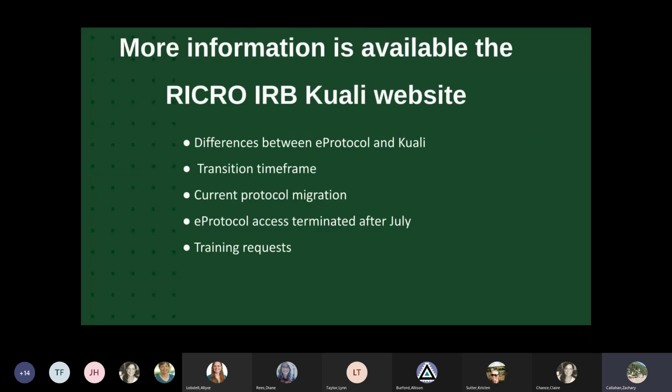More information is going to be available on the RCRO IRB Kuali website. I don't know if that page is active yet this morning, but we will have a help page up on the IRB site that will talk a little bit more about some of the differences between eProtocol and Kuali, the transition time frame, the current protocol migration process, and some of the things I've already talked about here, including determination after the end of the calendar year.